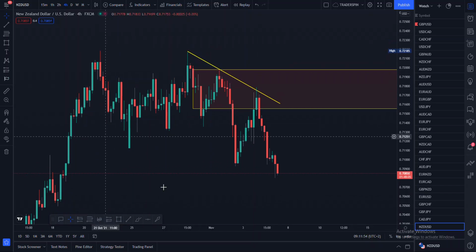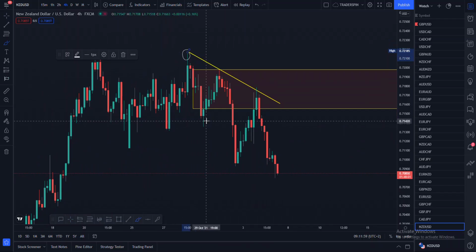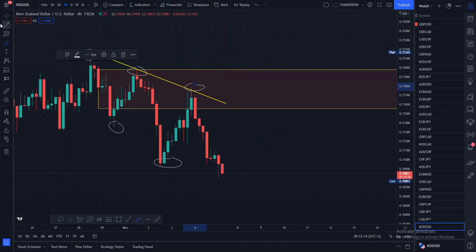This is something we were supposed to do in the beginning, right? So we've got our high there. It was a simple short trade, you can see that price is giving you your lower high, right? That's where we would have entered.